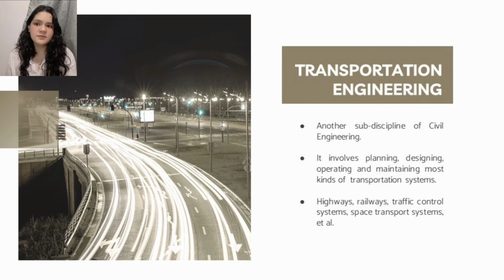So any system that transports humans and/or materials falls under the scope of transportation engineering, which includes highways and roadways, railways, oil pipelines, public transport systems, traffic control systems, and space transport systems, among other things.